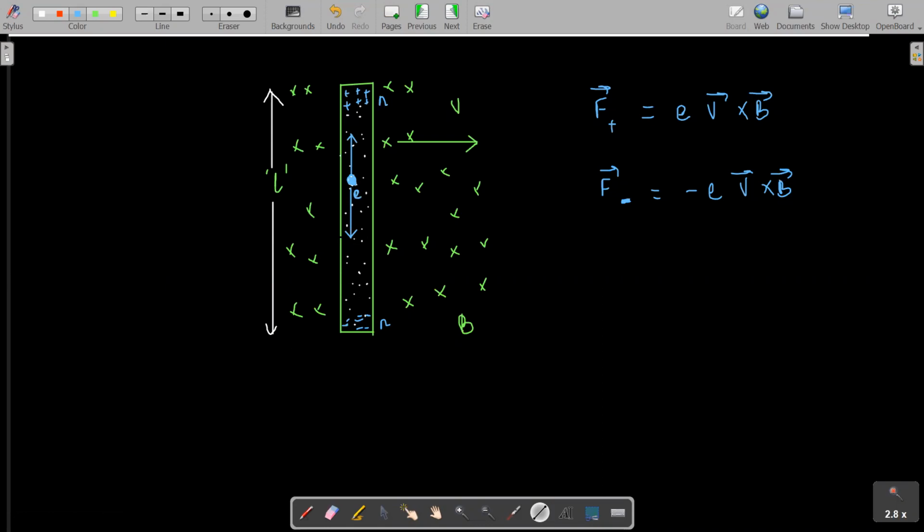I'll write one thing here: the force on positive charge and the force on negative charge we have already written. So what will be the value of force, without any vector sign? F will be equal to qvB, right? Or I'll say evB. This will be the force.